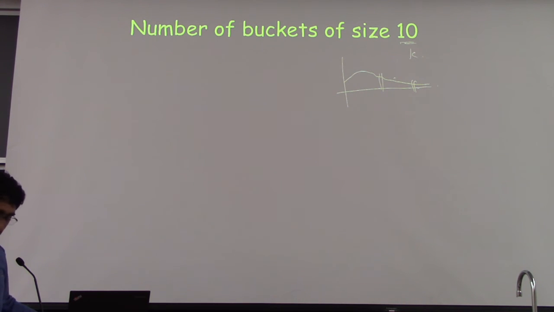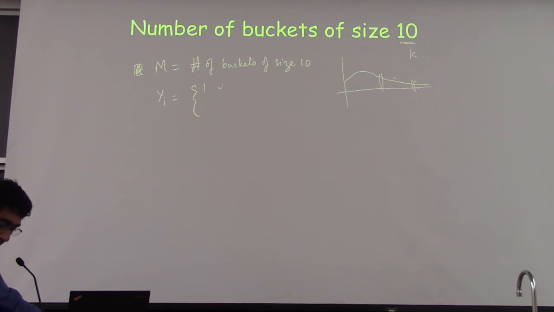So I want to say what's the expected number. Again, you define m to be the number of buckets of size 10. And I say yi is an indicator variable.